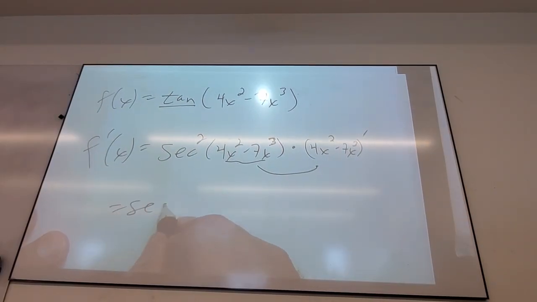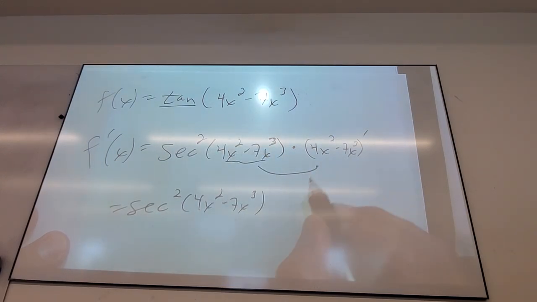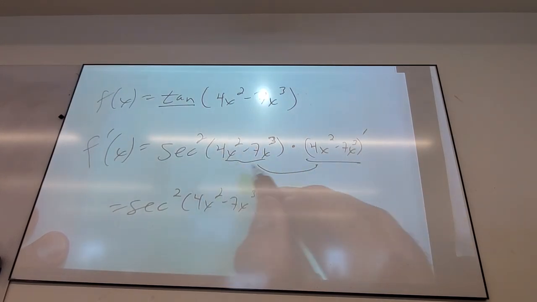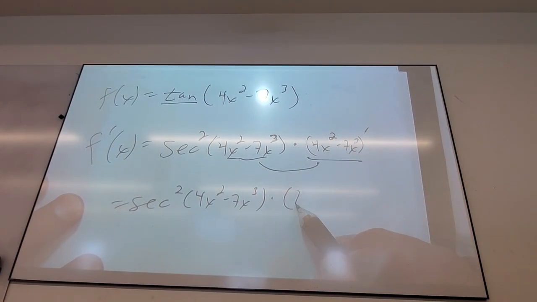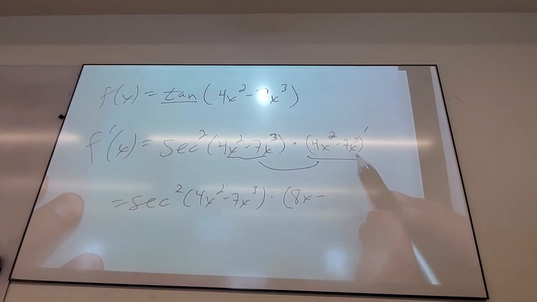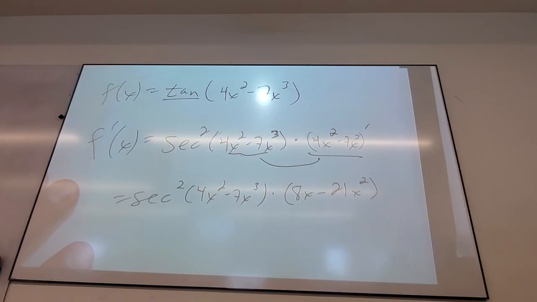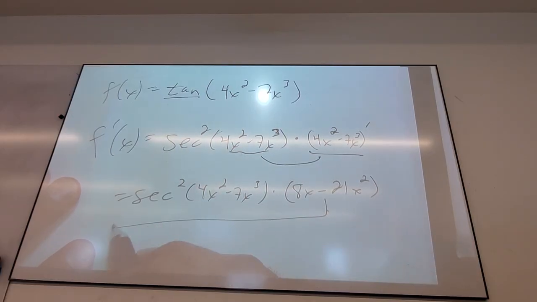So secant squared came because there was a tangent. This stuff came because this was more than just x. So what's the derivative of this stuff? This is nice. 8x minus 21x squared. You could bring this out front, but who cares?